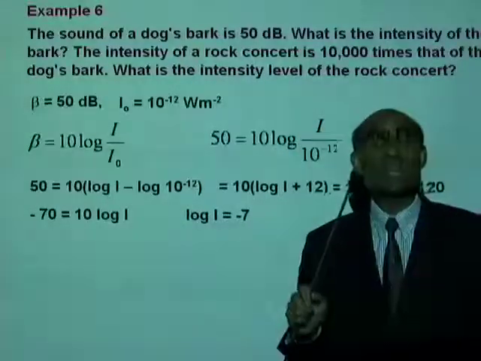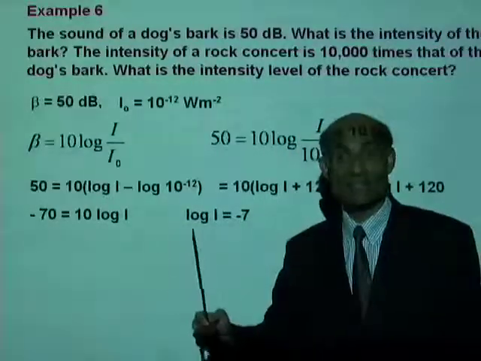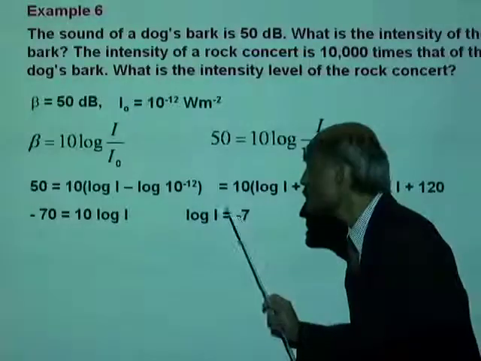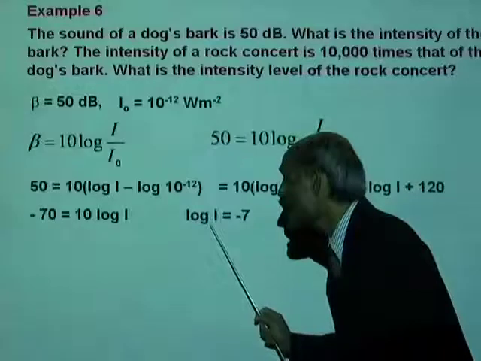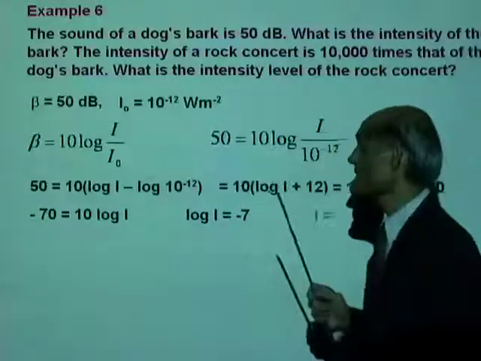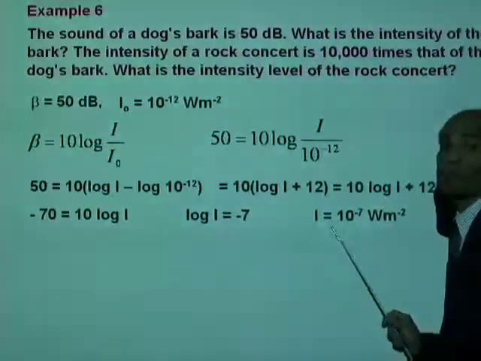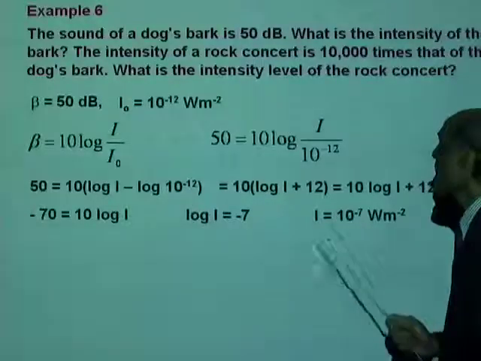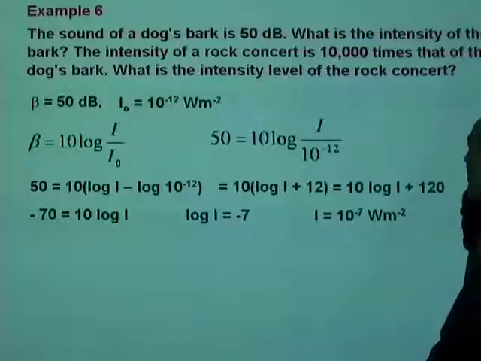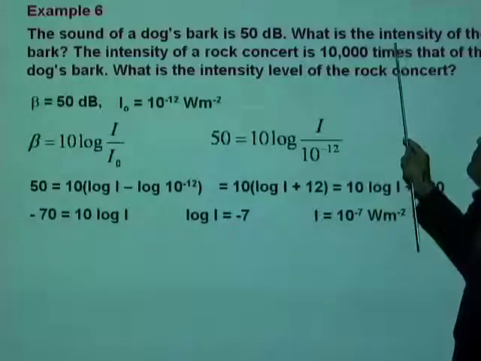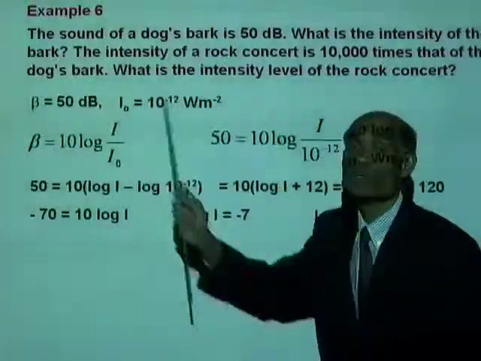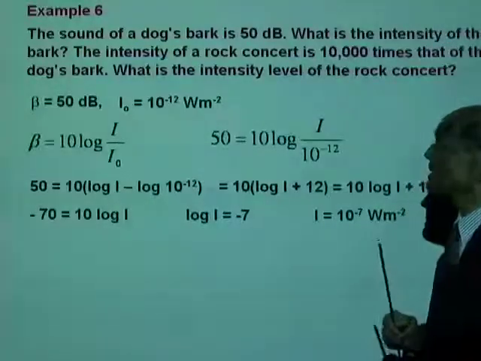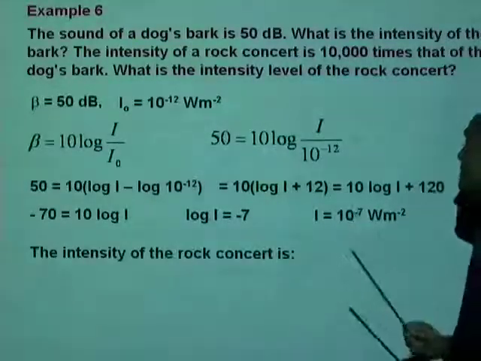If the base is e, it will be ln. So log I equal to negative 7 means I equal to 10 raised to the power of negative 7. You should know that. That means the intensity of the dog's bark is 10 to the power of negative 7 watt per square meter.